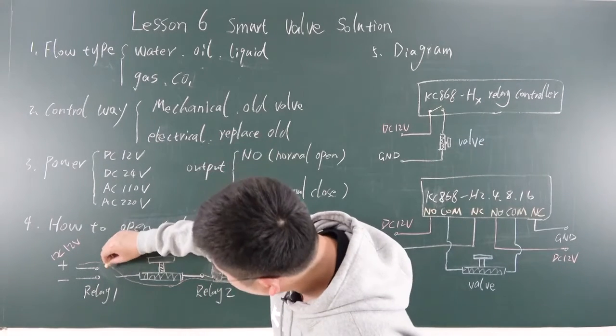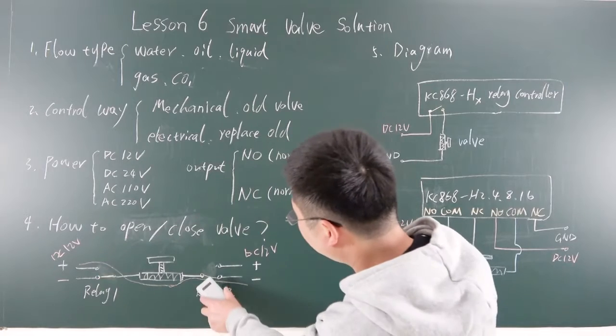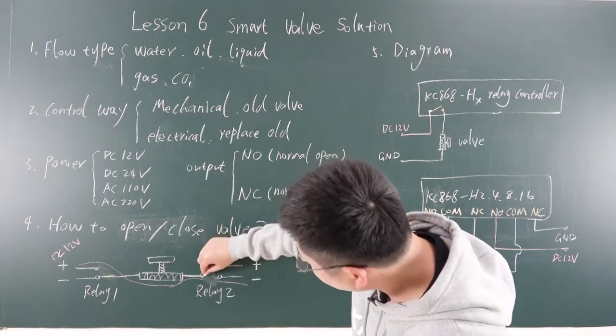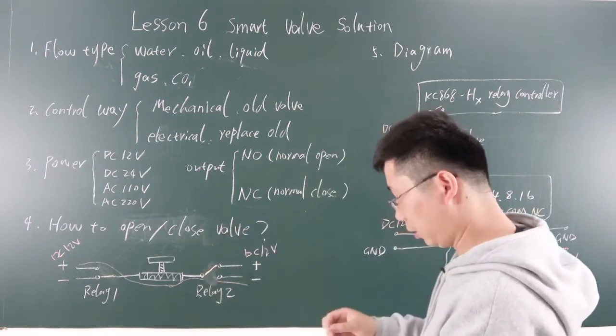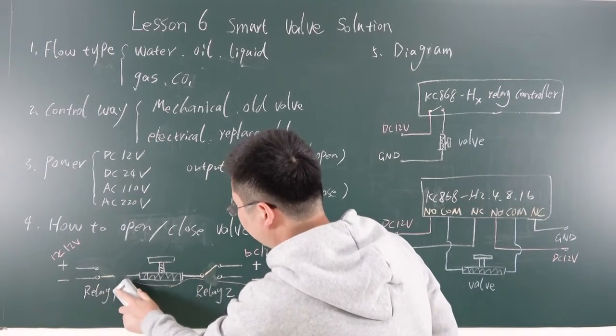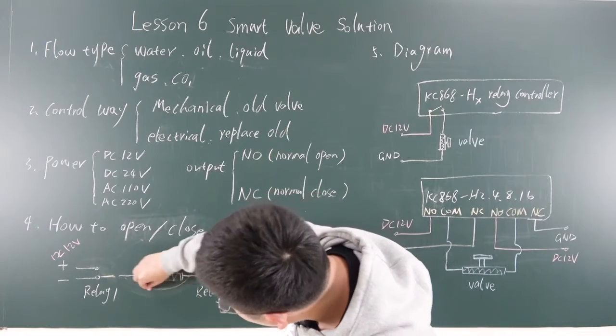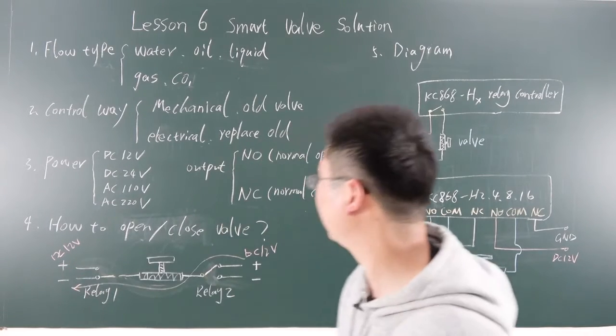Now relay 1 is at this place, and relay 2 is at this place. So this time the current will go through to this position.